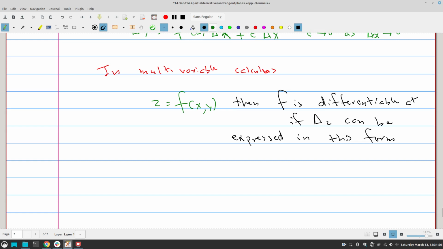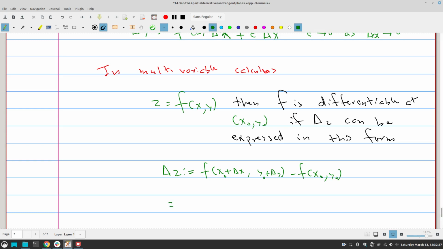So (a, b) is (x0, y0) in the following form, meaning delta z, which is of course equal to the change in z as x goes to x plus delta x and y goes to y plus delta y, defined as f(x plus delta x, y plus delta y) minus f(x0, y0).